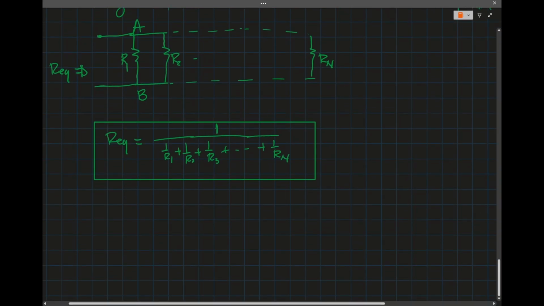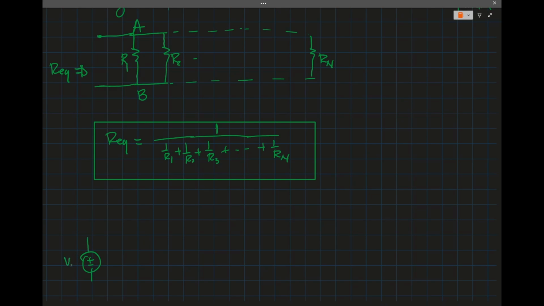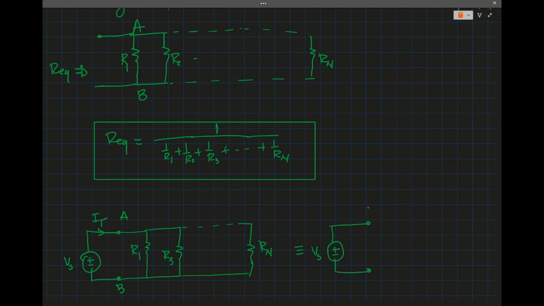Okay, so that means if I had Vs connected to A and B, where I have all these resistances connected, up to Rn, and this is the total current, this is equivalent to the same voltage Vs. It's still A and B, but then we have the equivalent resistance connected to it.